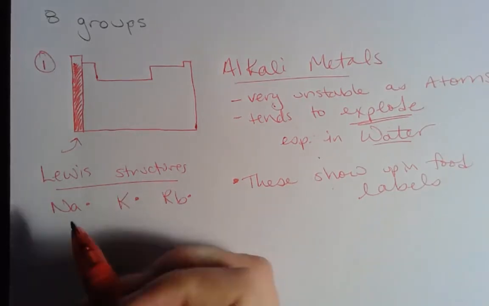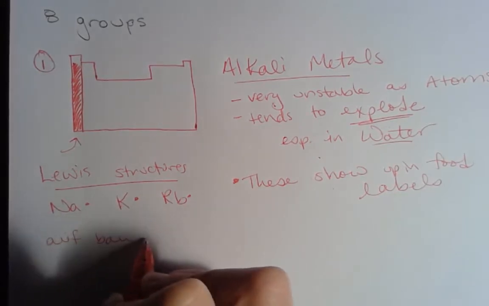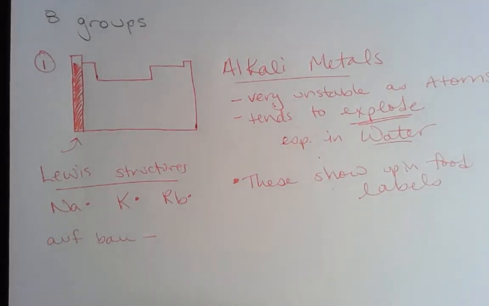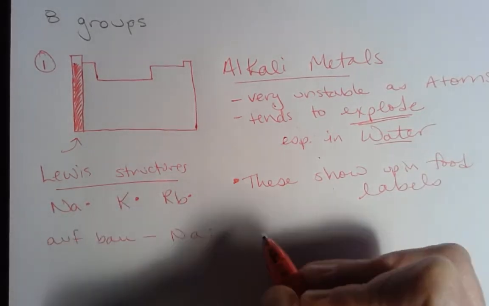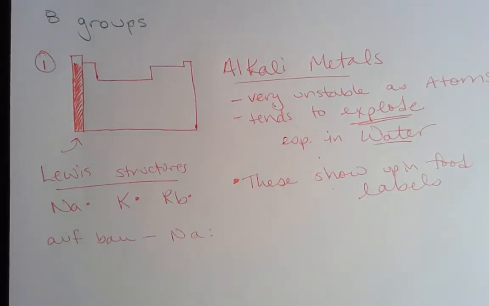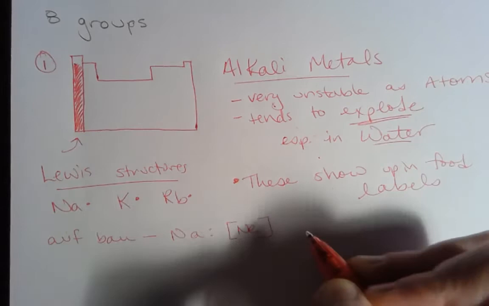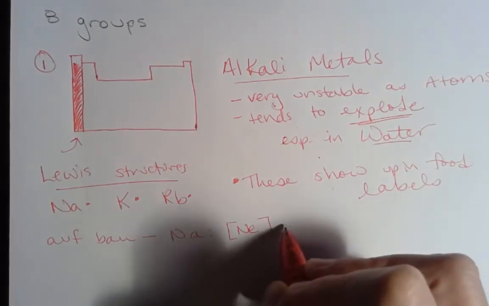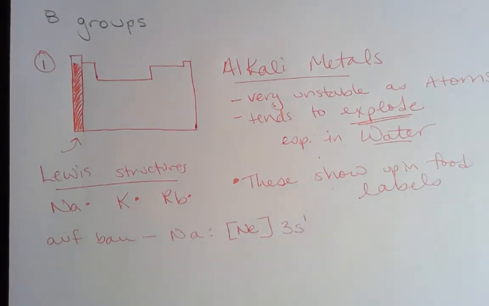Okay, Lewis structures, and then Aufbau. Sorry if you're like, I never want to see another Aufbau. Let's do these in core notation. So something like sodium will have a core notation, Aufbau, of that neon core, and then 1 electron in its s orbital.